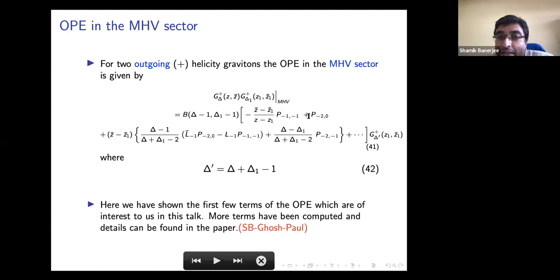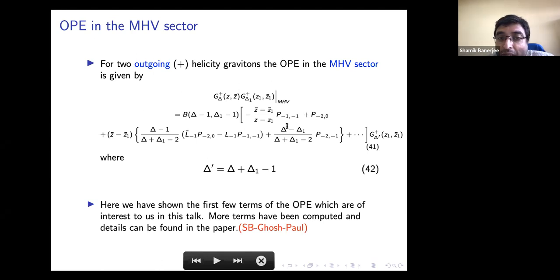The rest are subleading terms, which we are more interested in. The first term, the order 1 term, is P minus 2 comma 0, and then I have a term like Z bar minus Z bar 1, which has this form.